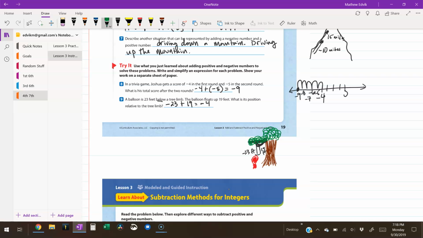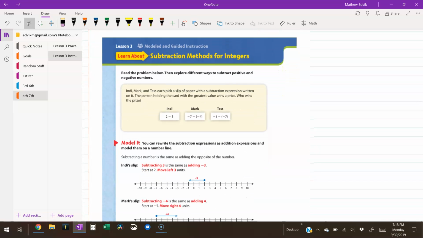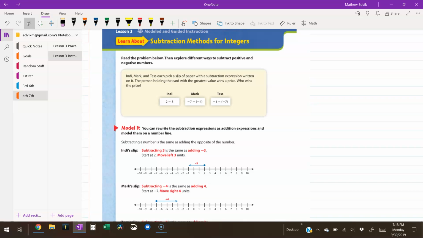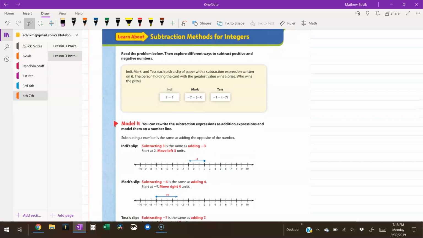All right, on to page number 20. So we're looking at subtracting integers now. What are some methods for subtracting integers? So in the last little section we were doing addition.